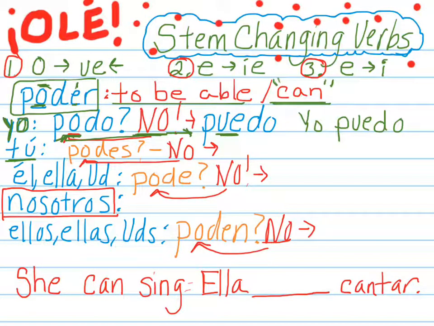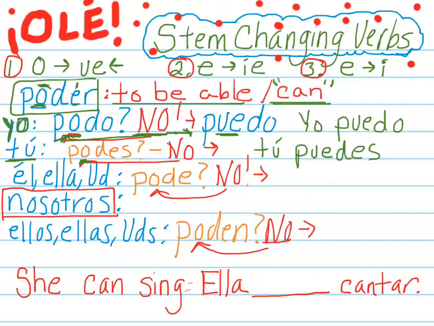Okay, so the tú form, talking to you, familiar. Would I say tú podes? No, I would not say tú podes. This is wrong. I need to change that O to a UE, so it would be tú puedes, P-U-E-D-E-S. Tú puedes. You are able to, you can.